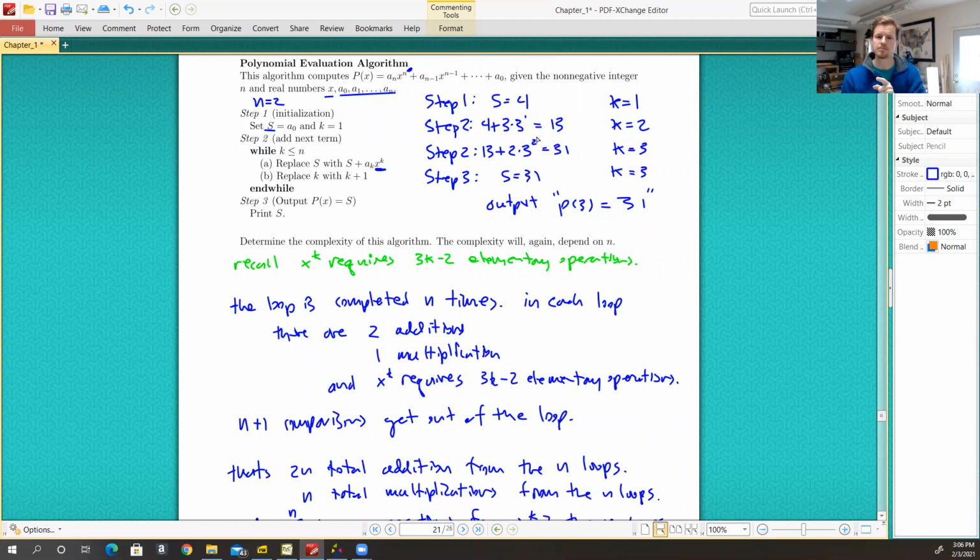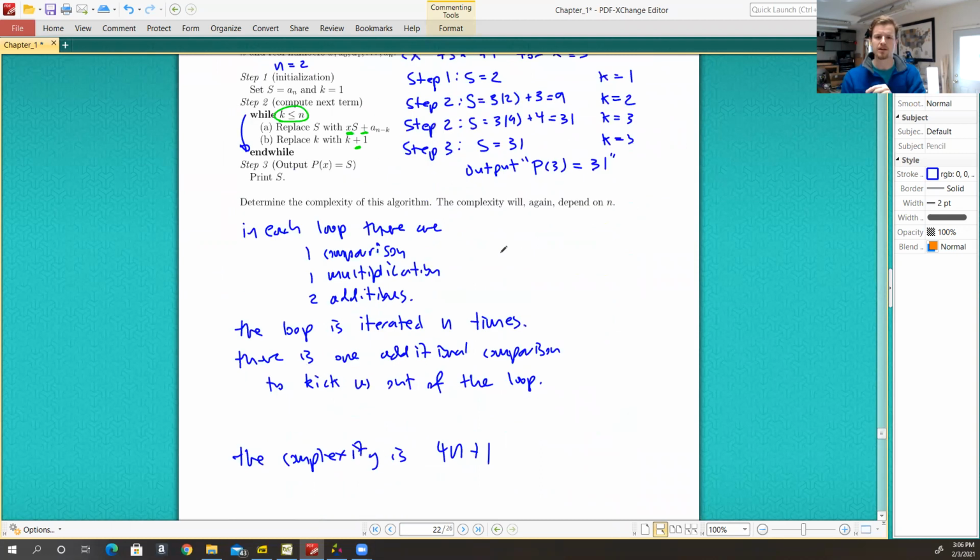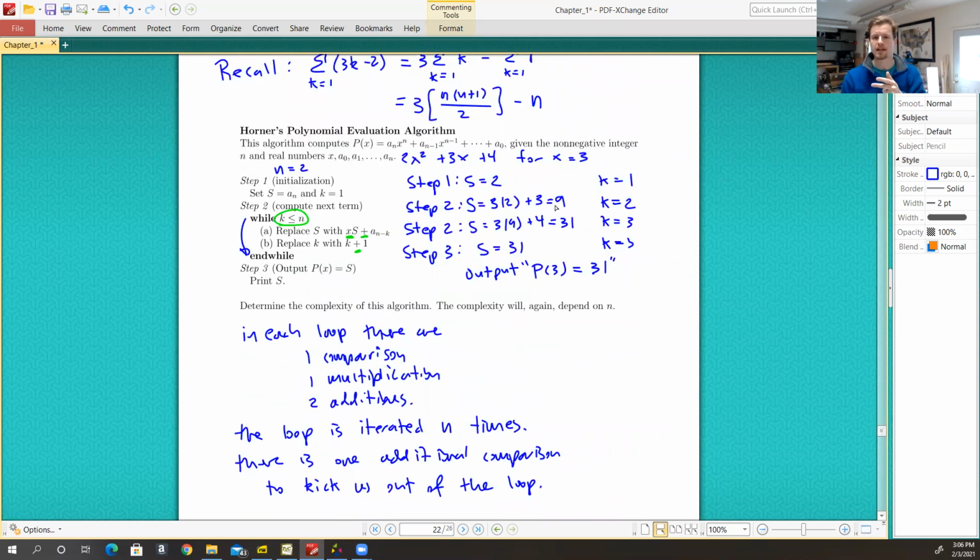I had an exponent here, but here there's no exponent. So that's fantastic. That makes things very easy for us in the evaluation and makes the algorithm much quicker to execute when you're talking about larger polynomials, right?